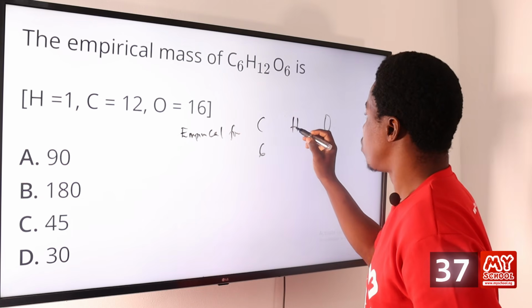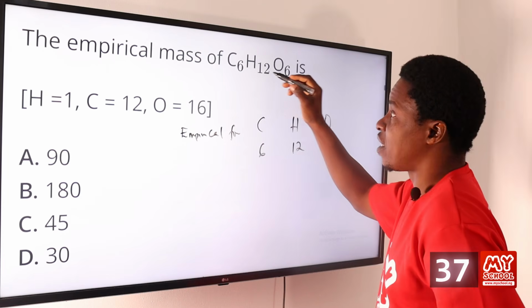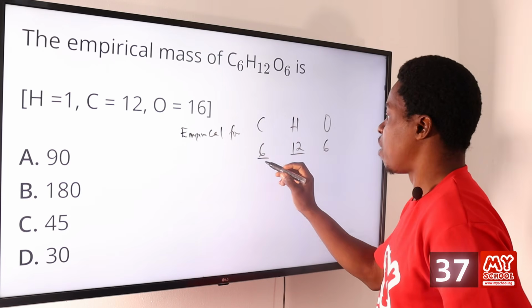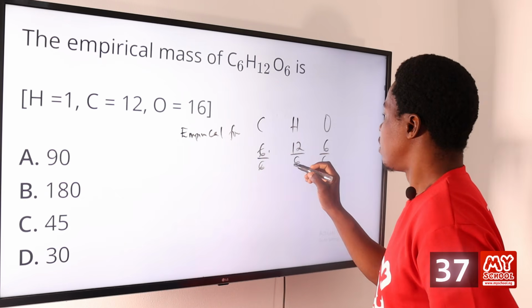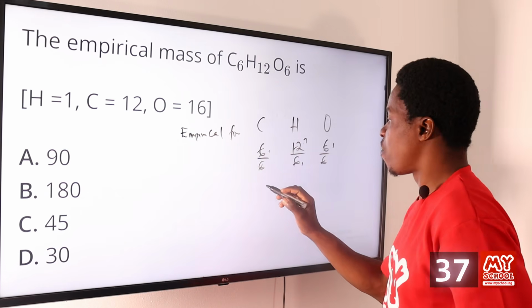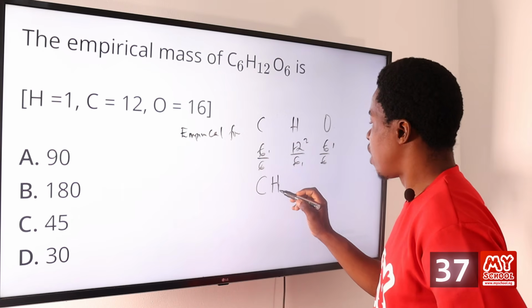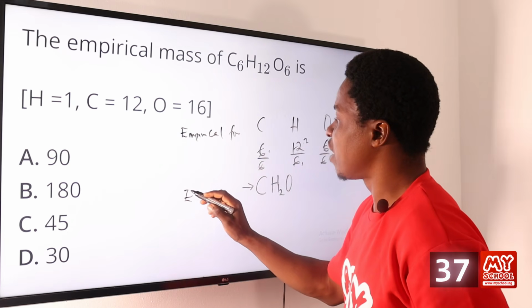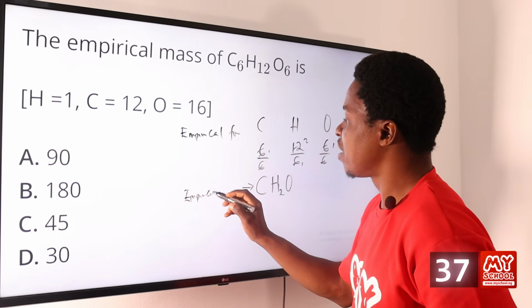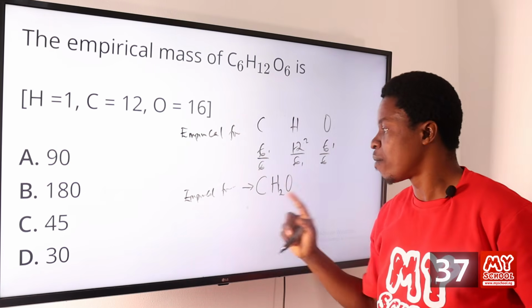Carbon has 6 moles, hydrogen has 12 moles, oxygen has 6 moles also. So we divide by the common factor, 6. So this is 1, here is 2, here is 1. So we have C1, there's no point writing 1, that's the unit, H2, and then we have O. So this is the empirical formula.